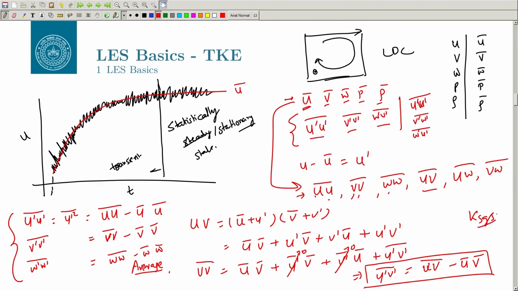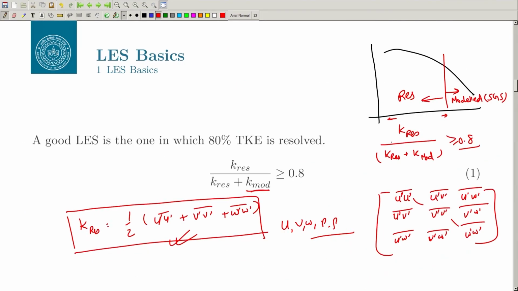So, if you have the SGS model kinetic energy and the resolved kinetic energy from the LES, you can add them and divide. So, K resolved by K resolved plus K SGS, and you can check whether it is giving you a value of more than 80%. If the value is more than 80%, then your LES is a good quality LES.